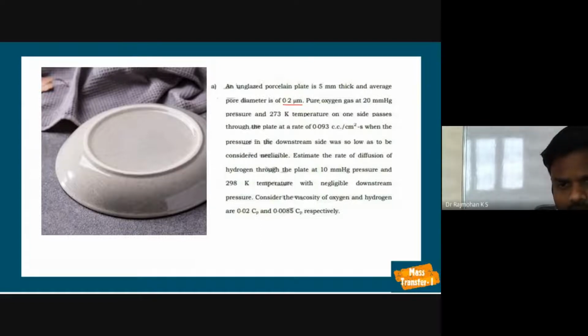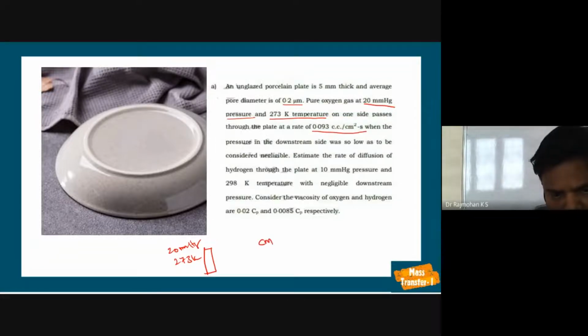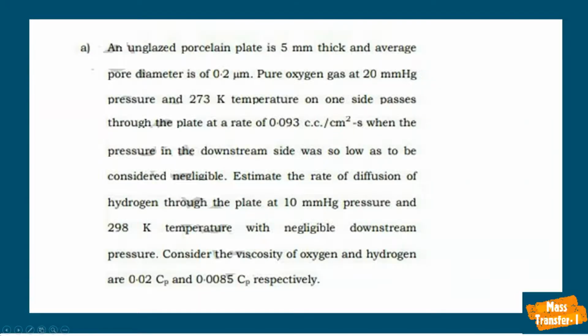Pure hydrogen gas at 20 mm mercury pressure and 273 Kelvin temperature on one side passes through the plate at a rate of 0.093 cubic centimeter per centimeter per second. That is the flow rate with which it is flowing. And the pressure on the downstream side was so low as to be considered negligible.